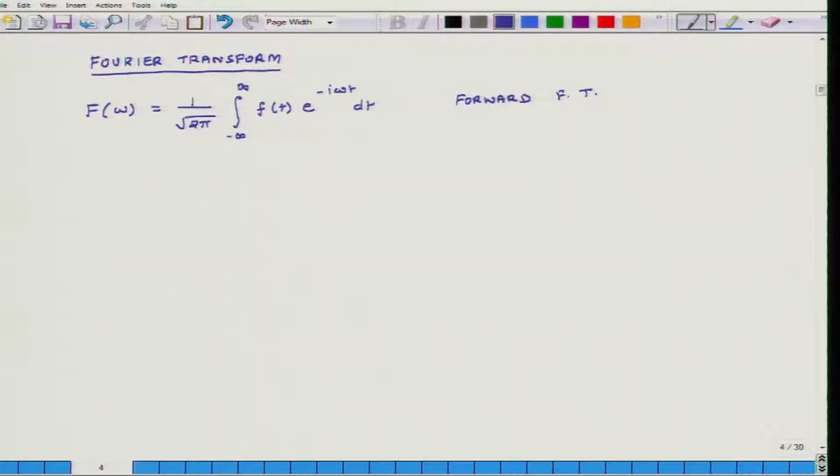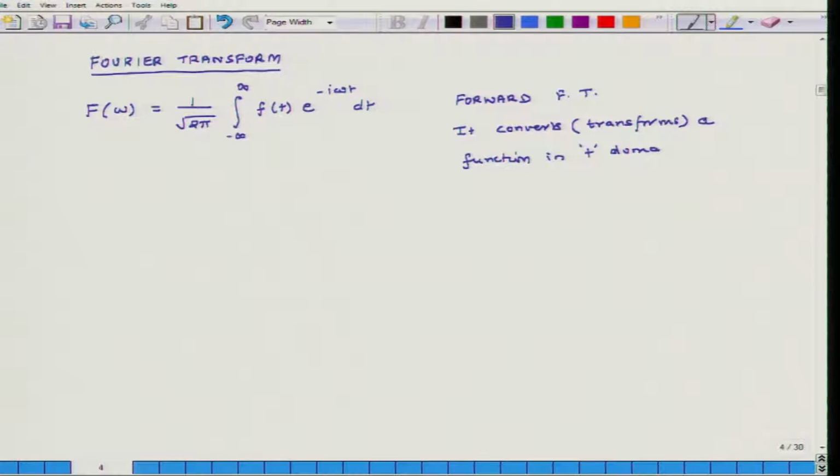What does this expression do? It transforms a function in t domain into omega domain.